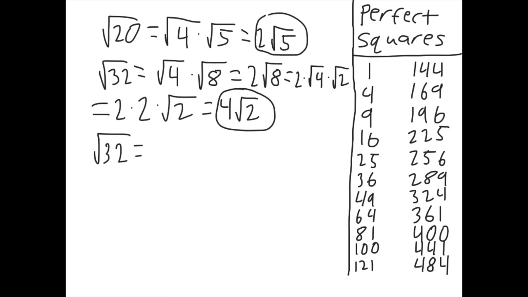That works. So you get square root of 16 times 32 divided by 16 is 2. So the square root of 2. And the square root of 16 is 4. So 4 square roots of 2.